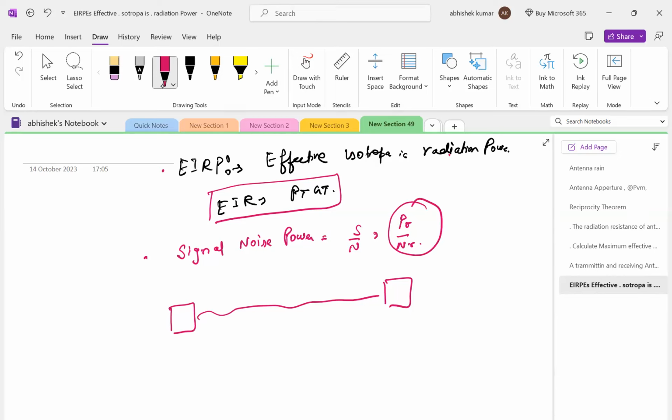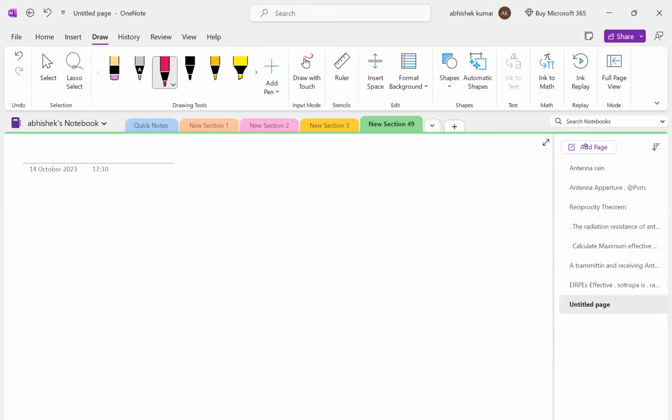Okay, let's see what else we can cover more. Now we will see radio wave propagation.